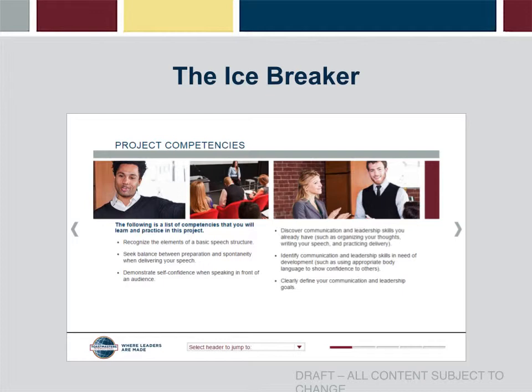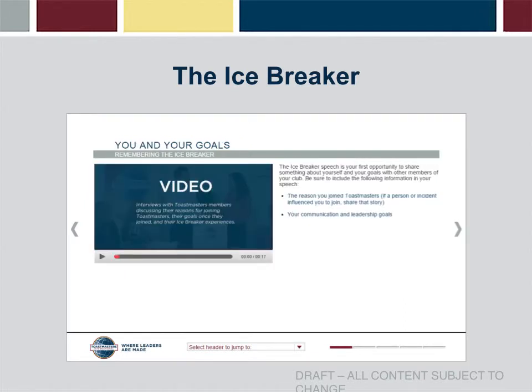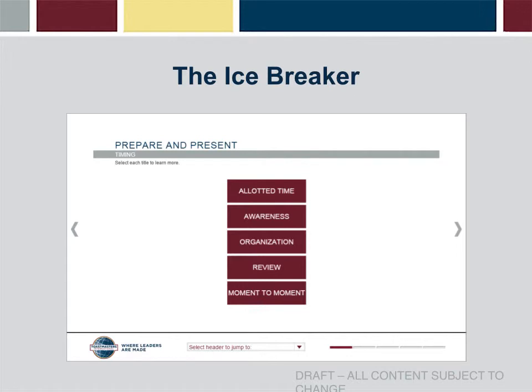As you continue through the project, you will see the competencies of the project. There's various videos and editorial information. In this slide, you will learn about timing. Click on the allotted time for information about the topic.